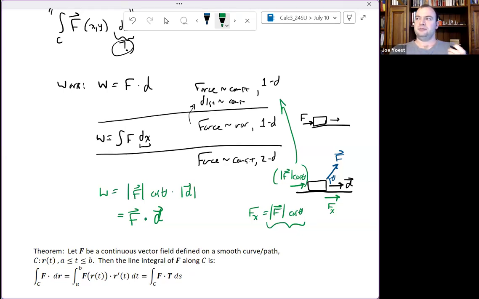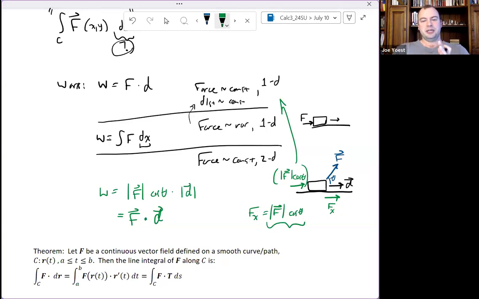So when my force is constant, if I'm in 2 dimensions, or maybe even more dimensions, the way I've written it, it doesn't much matter. If I'm in 2 or 3 dimensions and my force vector is pointing in a different direction than the direction the thing is moving, well, I take the dot product. The dot product is kind of like how parallel 2 vectors are. So when they're very parallel, most of the force is contributing to pushing the box along in the path it's going.